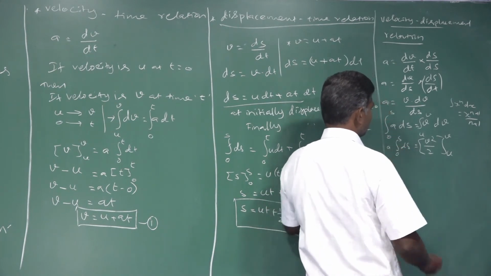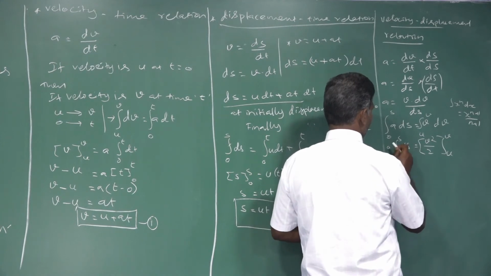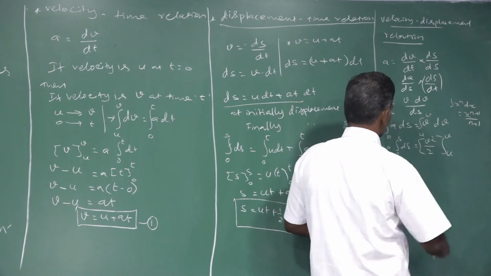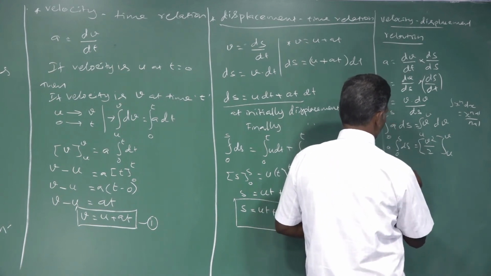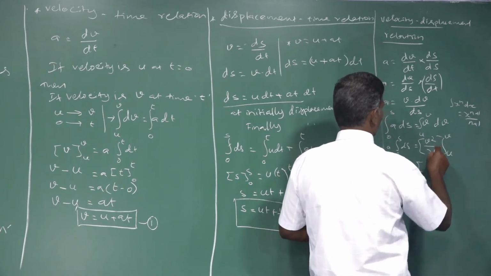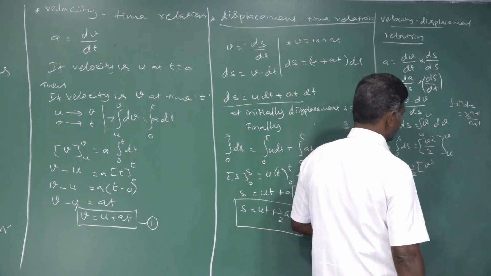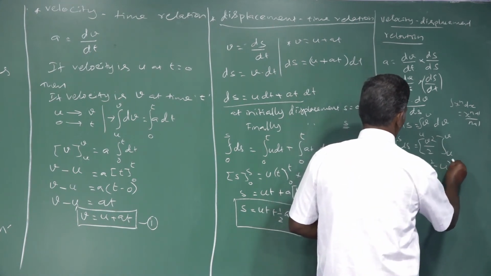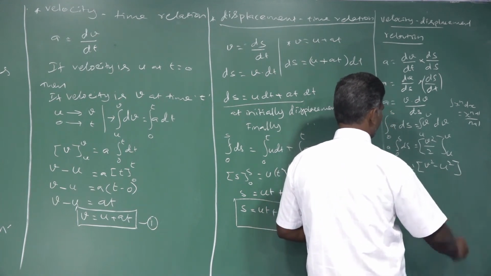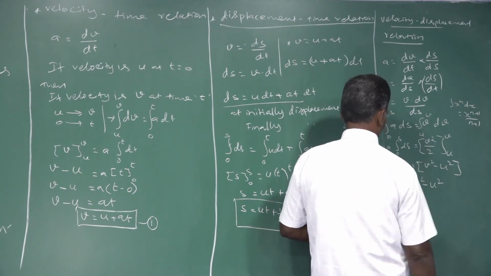Next, the left side we simplify: a into integration, differentiation cancels and only s remains, with limits 0 to s. So as is equal to 1 by 2, the upper limit is v, that's v square, the lower limit is u, that's v square minus u square. Then if you take the 2 across, 2as = v square minus u square.